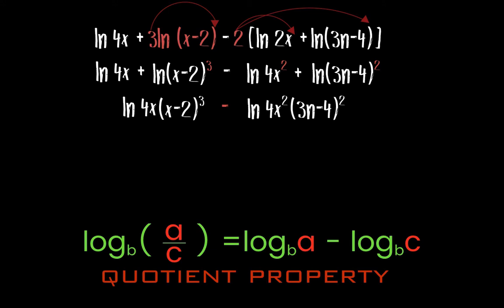So now I'm going to turn my attention to that minus sign. That minus sign will allow me to use now my quotient property. Quotient property stating log base b of a over c equals log base b of a minus log base b of c. So you'll notice here that I'm working backwards now. So if I'm focusing on the bottom parent equation, I'm going from the right side to the left side, right?